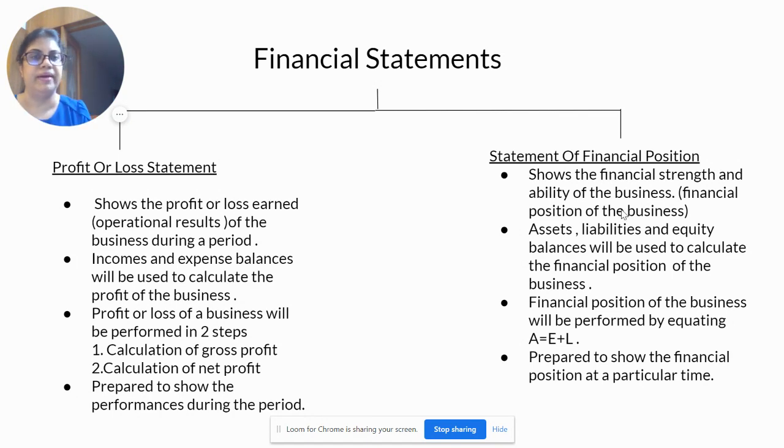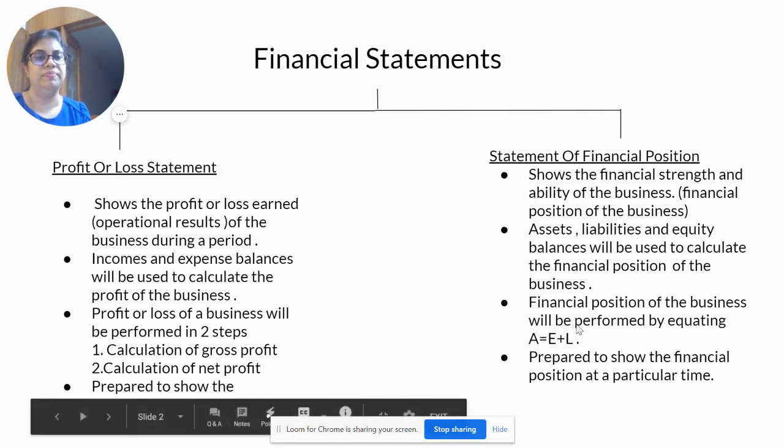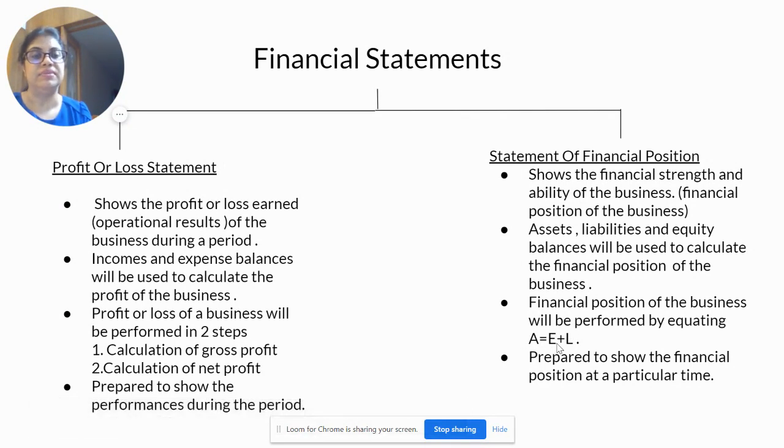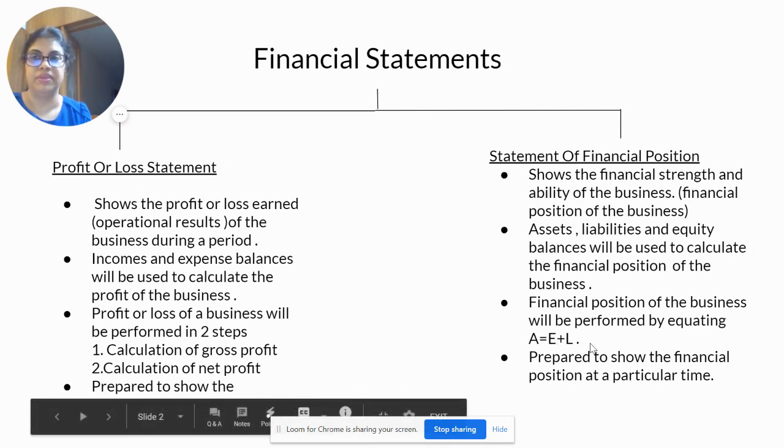At the time of preparing the statement of financial position, a business will be using its assets, liabilities, and equity balances. The financial position will be shown by equating the total value of assets to the value of equity and liabilities of the business.